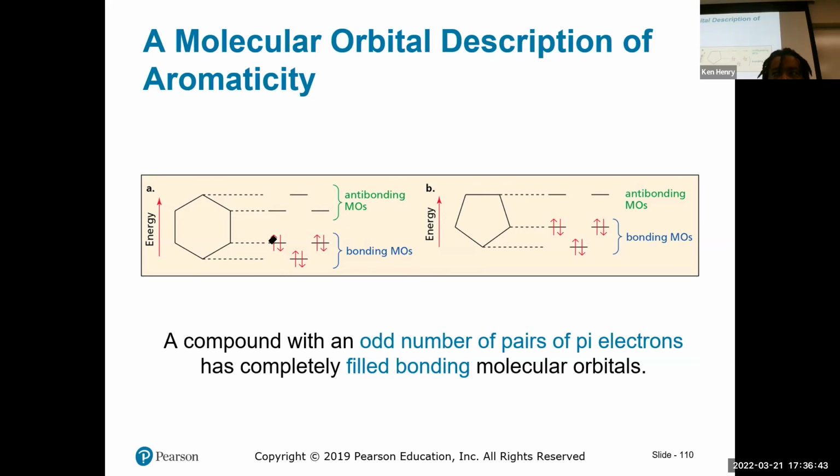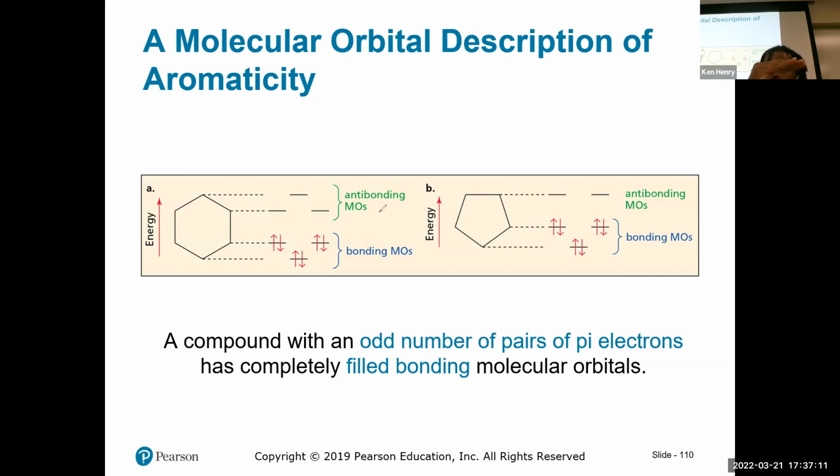Yeah, B is aromatic right now, because it's just showing you we have it filled and we have the extra lone pair that's added onto it, right? So these both meet the criteria of being aromatic.